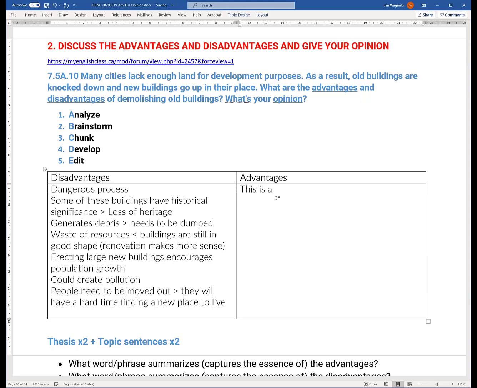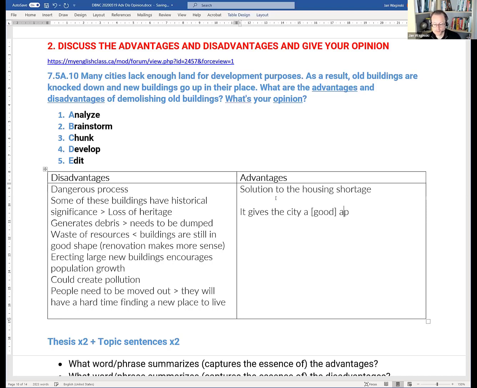Better and safer place to live. Let's put solution to the housing shortage, right? It gives good appearance to the city.